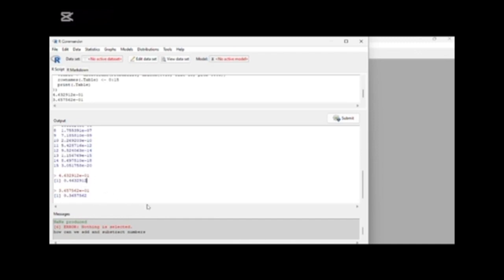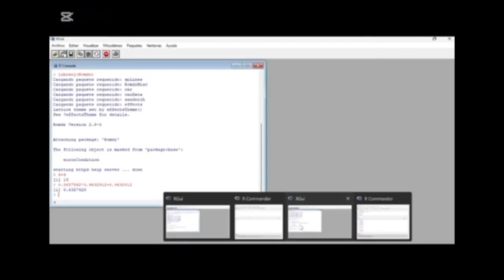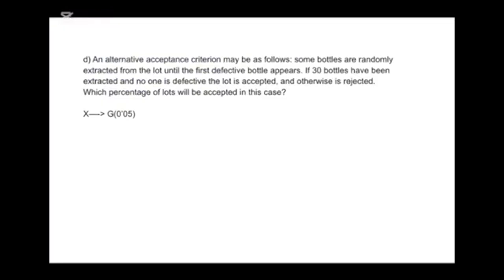We are going to do it in another R GUI like this, and we will have that the result will be 0.6327.